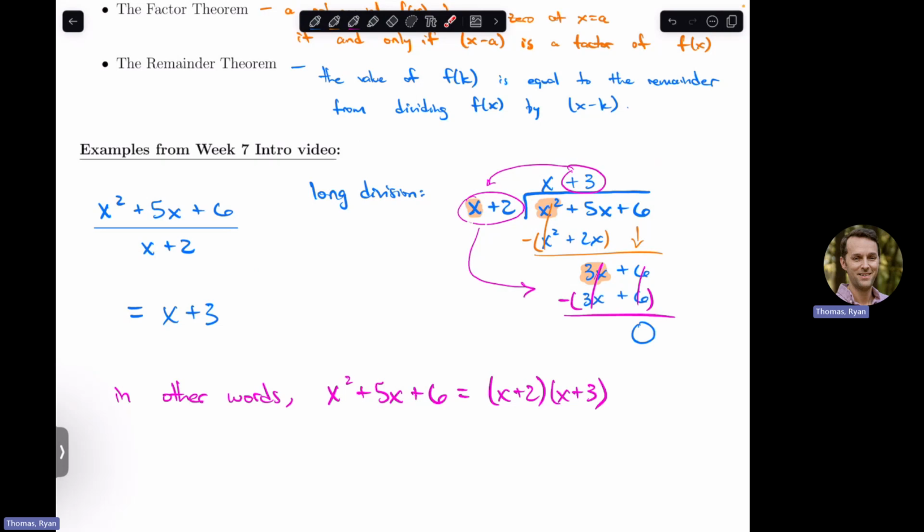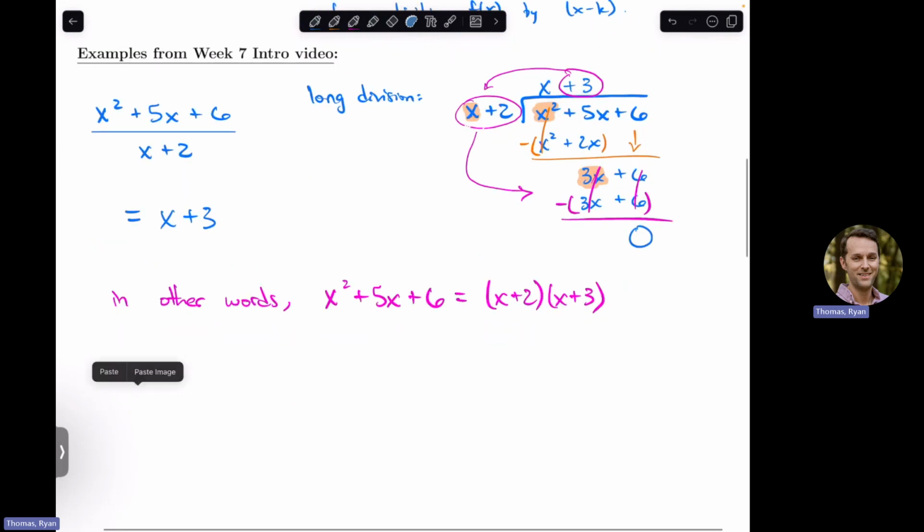Okay, and now I'm going to do the same problem with synthetic division.